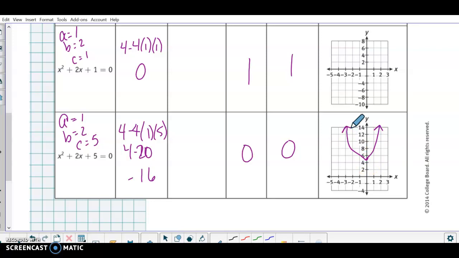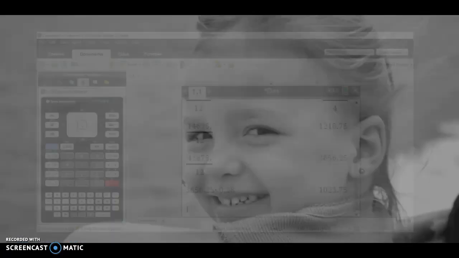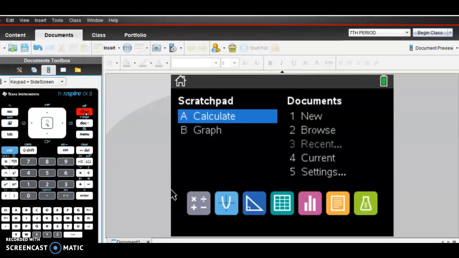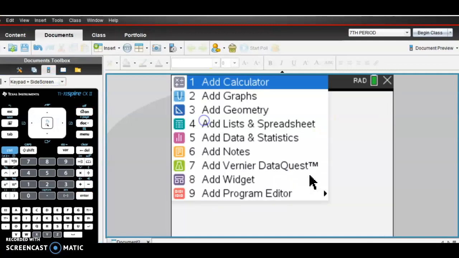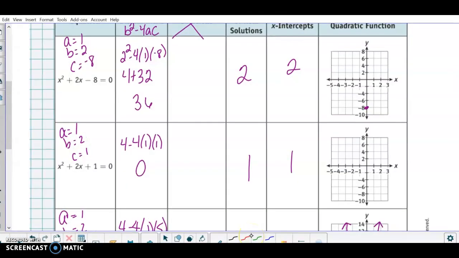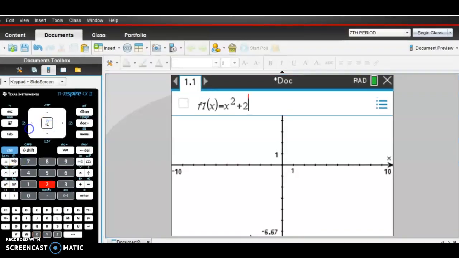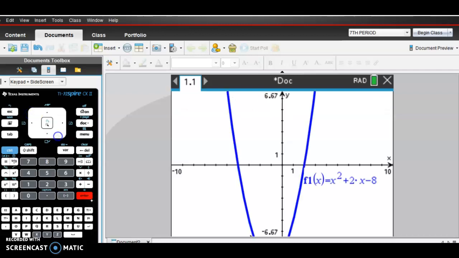If we wanted to, we could double check those roots. Again, we're only worried about that, so I could go to my calculator and I could look at my graph. Our first one was x squared plus 2x minus 8. And I can see, in fact, that there are 2 roots there.